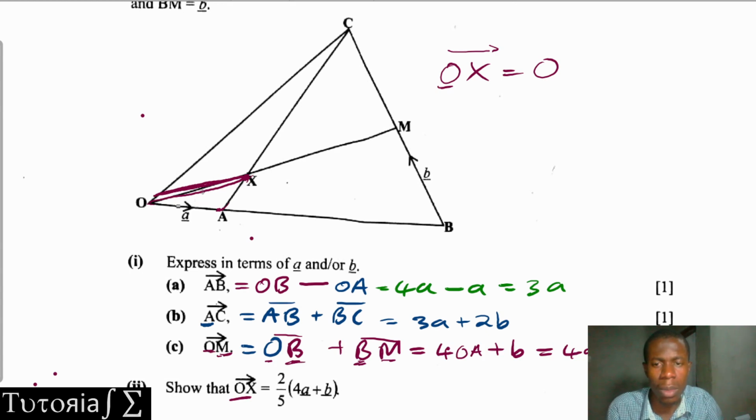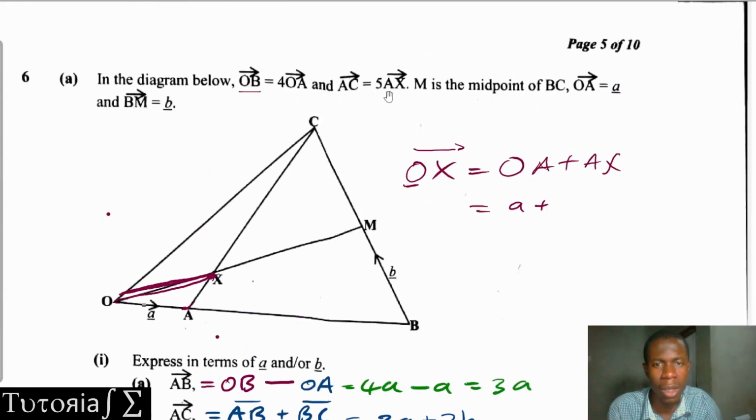OA plus AX. Now OA, you know it is A, so this would be equal to A plus AX. What is AX? So there is something about AX here. We know that AC is equal to 5AX, and what we're looking for is AX.